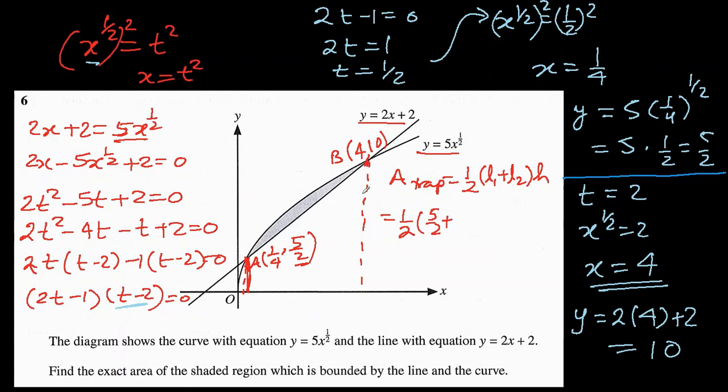And the second one is this line, which is the y coordinate of B, 10. And height is the distance between the two parallel lines, which is 4 minus 1/4. So 16 minus 1, 15 over 4.